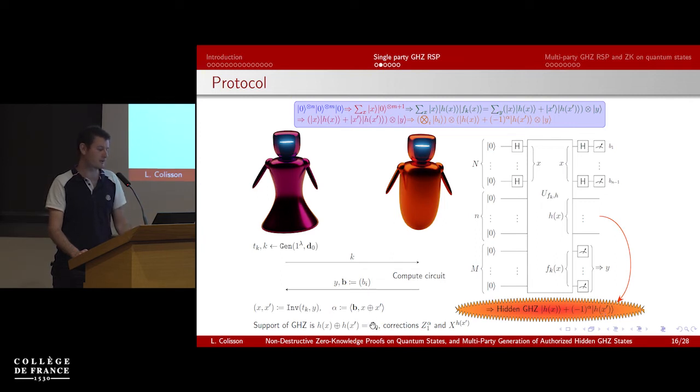Here, because they are different only when d0 is equal to 1, d0 will actually be a description of the support of your digit state. And then you have some corrections, the Z alpha and X to the h of x prime, that are useful if you want to come back to a canonical digit state, meaning a state with ket zeros plus ket ones.